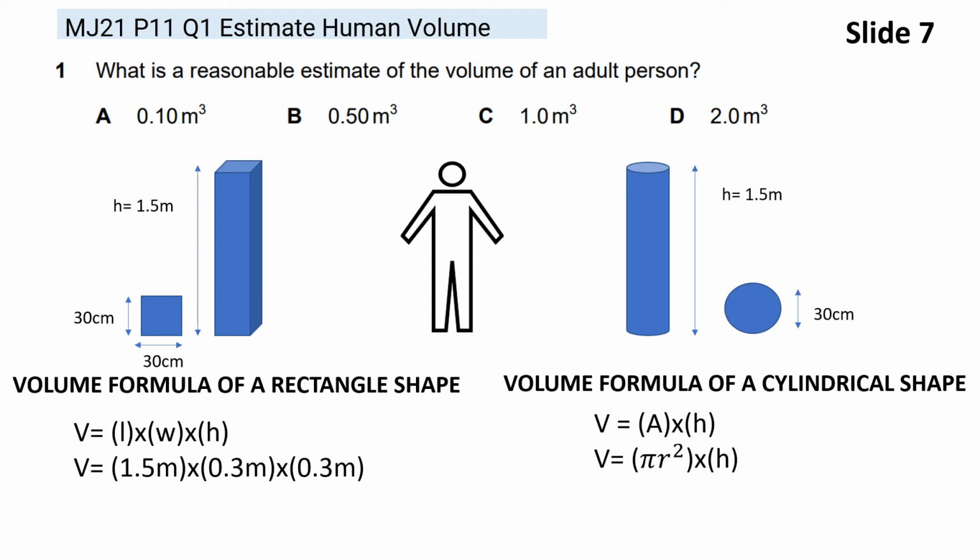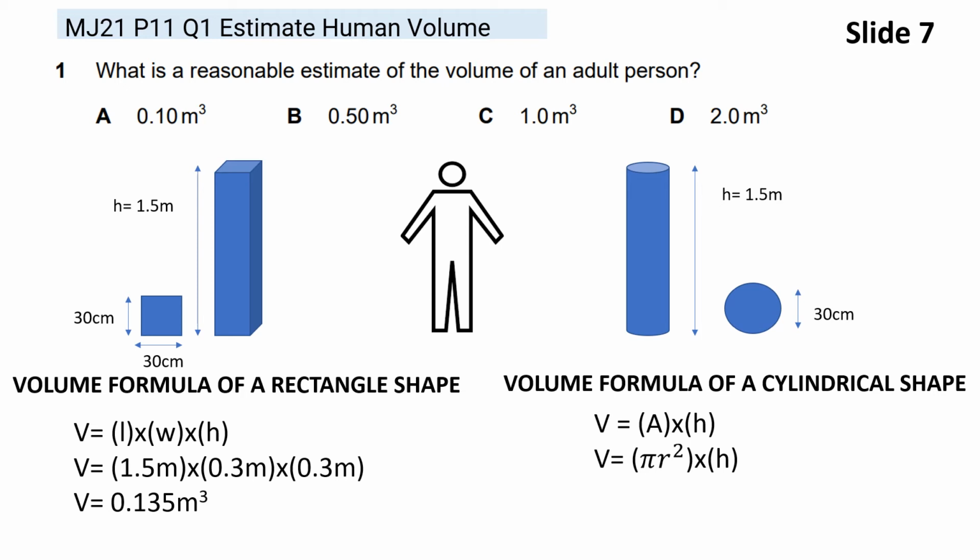But you don't see this here. You see 0.3. The reason is because we need to convert 30 centimeters to meter. So you need to divide by 100, and we get 0.3 meter. So the result is 0.135 cubic meter because you are multiplying meter 3 times.